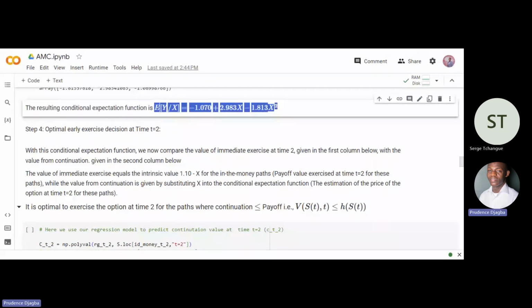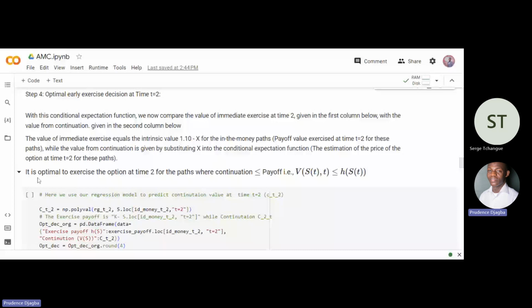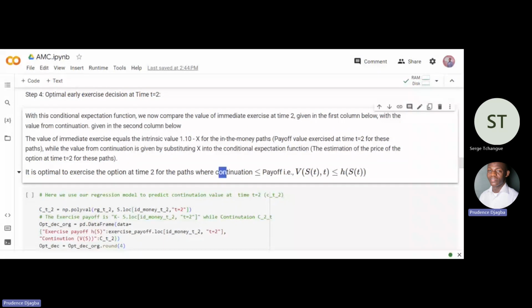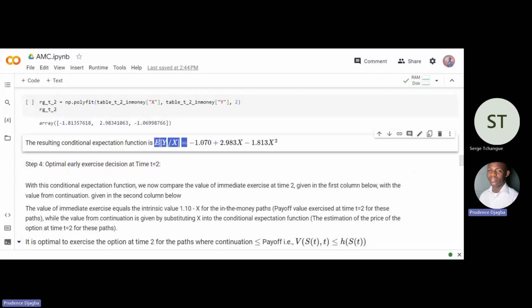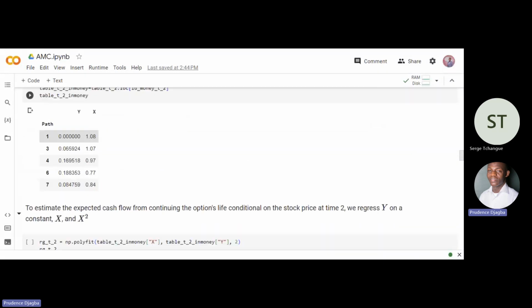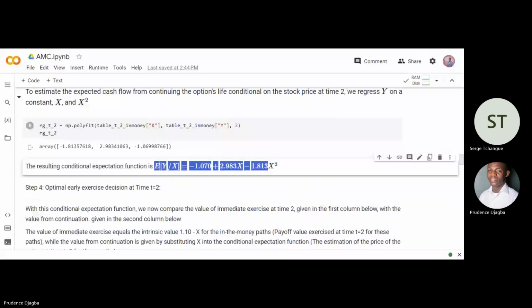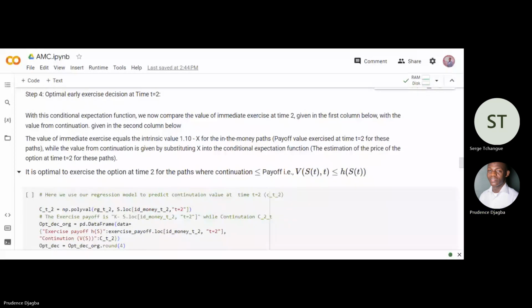Yes, so that is it. It is optimal to exercise the option at time t for the paths where the continuation value is the value of this conditional expectation for x, taking those values from the paths that I gave here, and it must obey this expression.